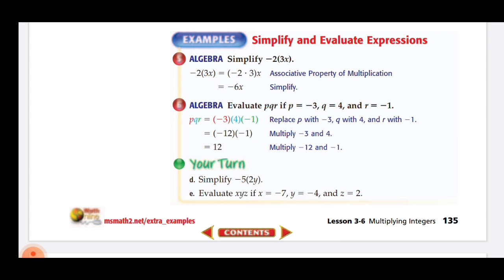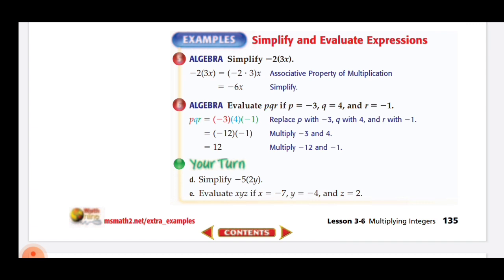PQR equals -3 multiply 4 multiply -1. Replace P with -3, Q with 4, and R with -1, equals -12 multiply -1, equals 12.